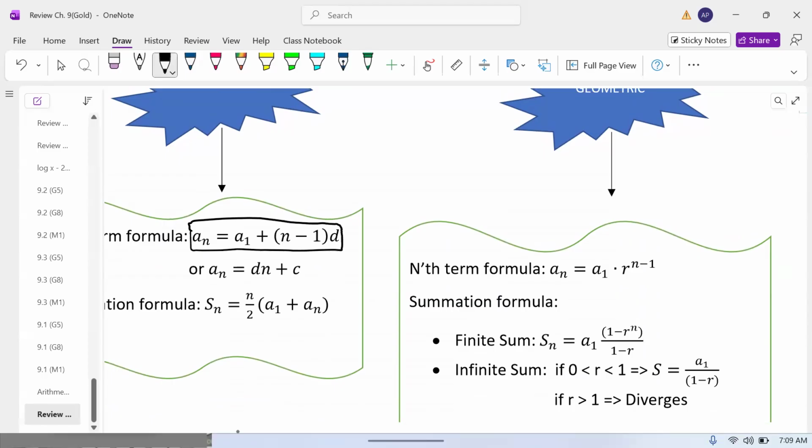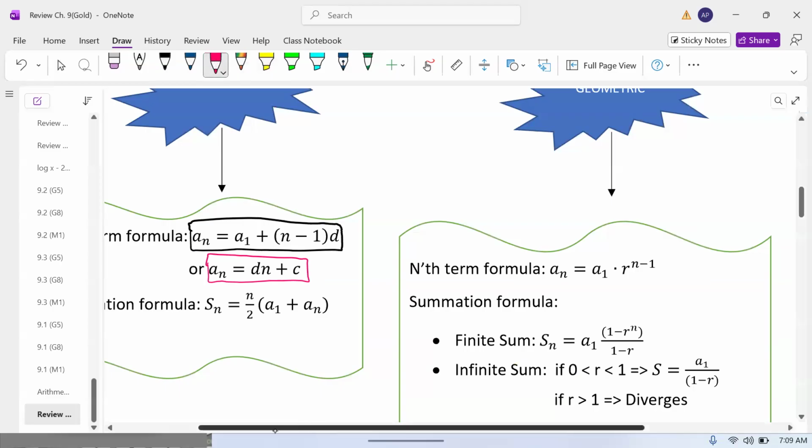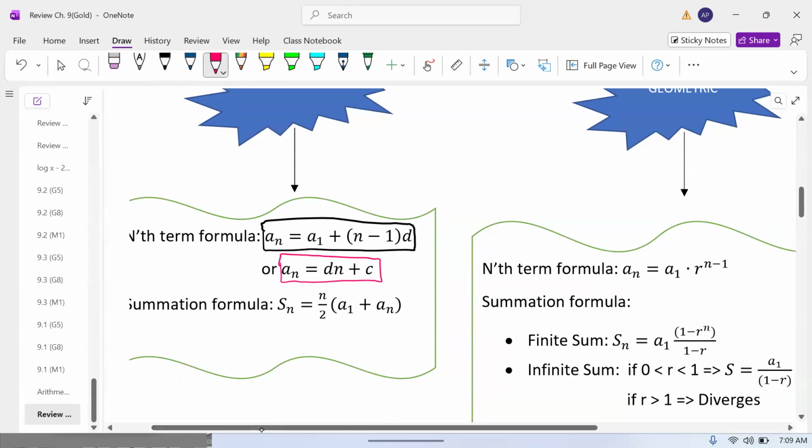However, if you simplify this formula, then it becomes this type. So I will bring this up again in our examples, but I usually don't use this formula. However, it's basically your mx plus b form. So remember, we talked about how arithmetic sequences have linear expressions, make linear equations.